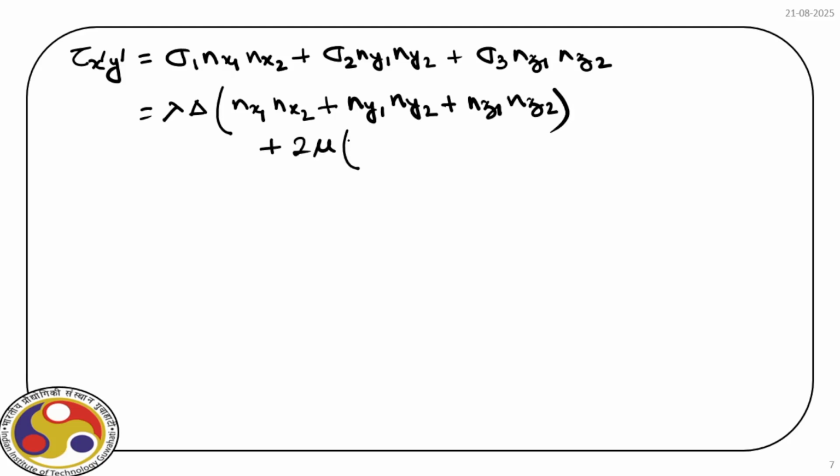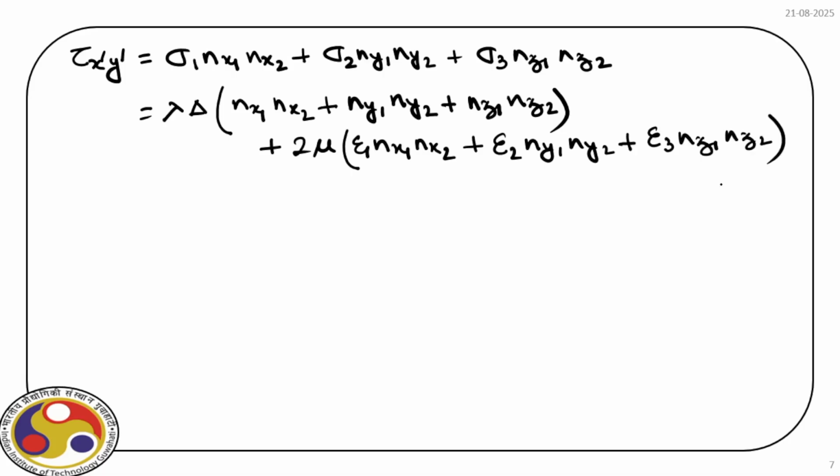Within the bracket we'll have epsilon 1 nx1 nx2 plus epsilon 2 ny1 ny2 plus epsilon 3 nz1 nz2. It's very simple. You put the expression of sigma 1, sigma 2, sigma 3 and then simplify, you will get this expression.